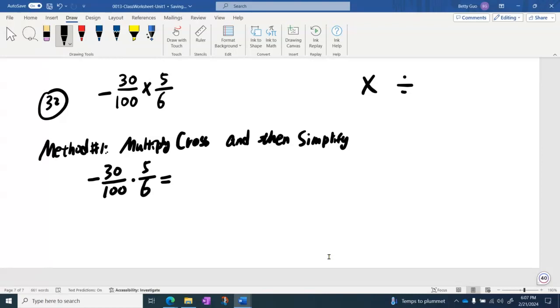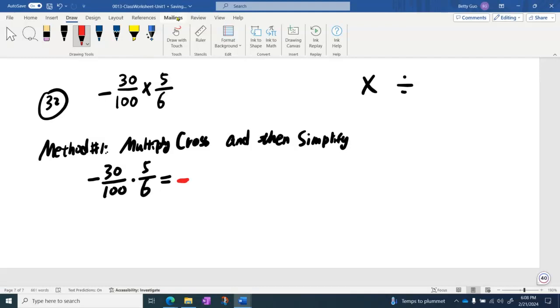If the two numbers we are going to multiply together have opposite signs, then the product must have a negative sign. In this case, the first fraction is negative, the second fraction is positive, so the product should be negative. So I always determine the sign first, and then I process the absolute value part, 30 over 100 times 5 over 6.